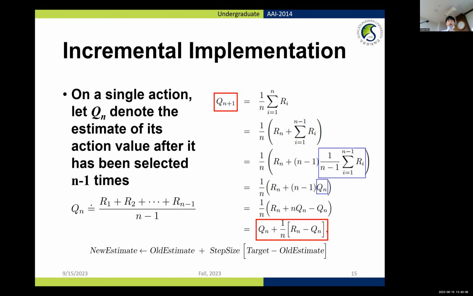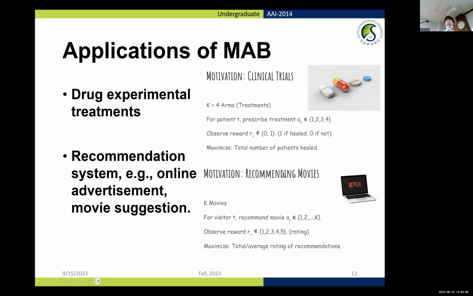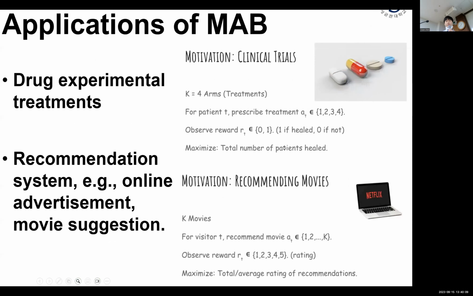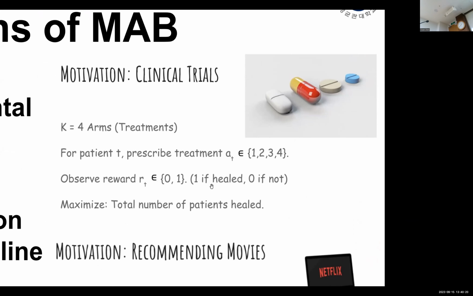If you go back to the applications, consider that we have K arms for this treatment. From the computer science point of view, each medicine has a distribution, right?